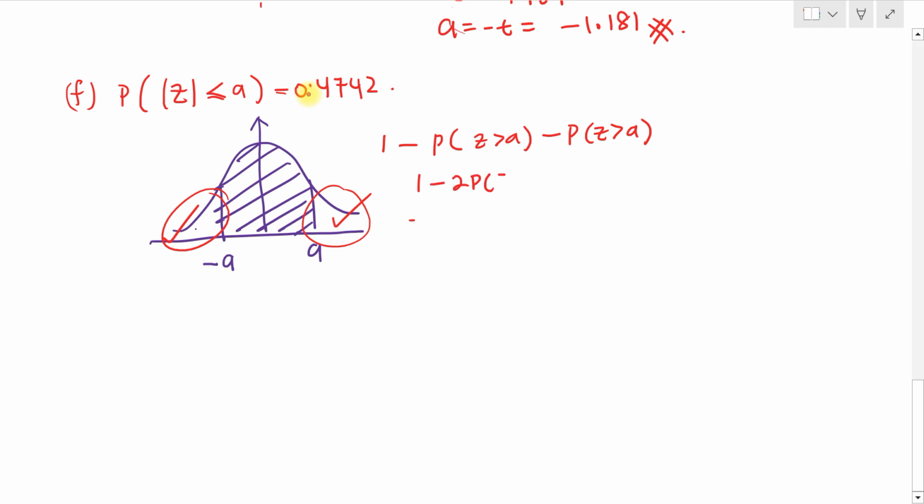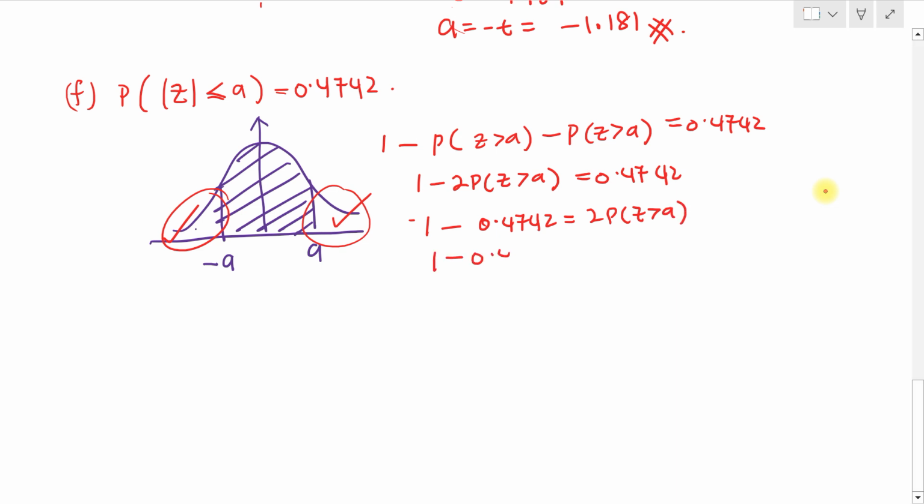So 2 times probability Z greater than a is equal to 0.4742. So 1 minus 0.4742 is equal to 2 times probability Z greater than a.